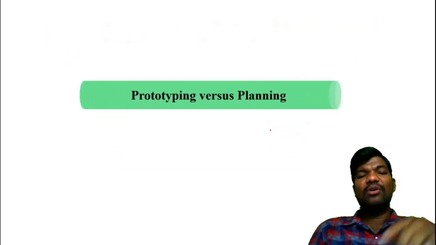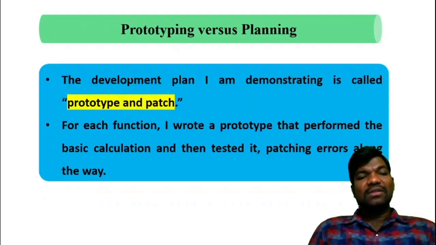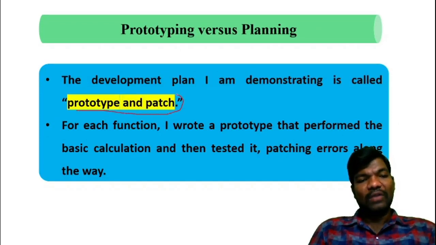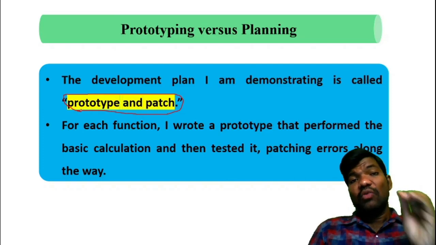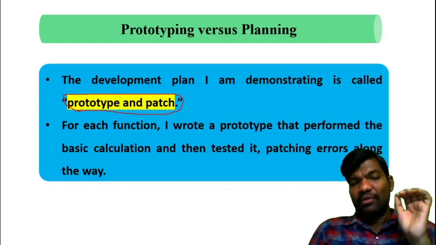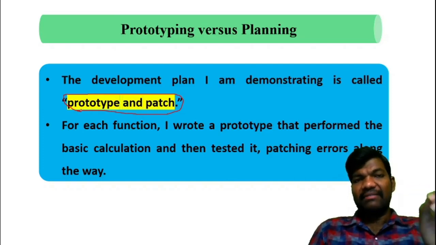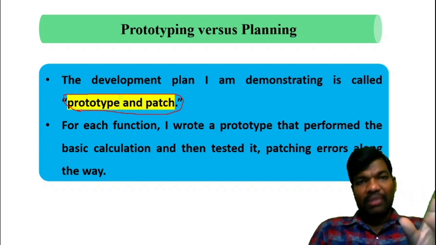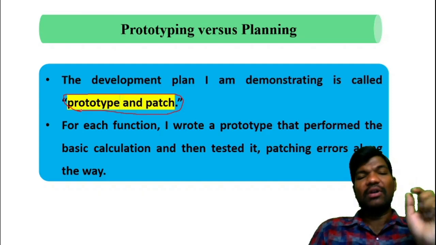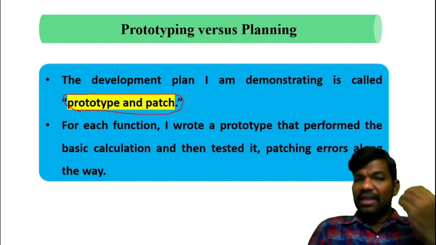Next, coming to prototyping versus planning. The development plan I am demonstrating is called prototype and patch. Prototype means, suppose you are designing a code or a device, you create one small object which is not a perfect object, it is just a prototype. It may or may not work.